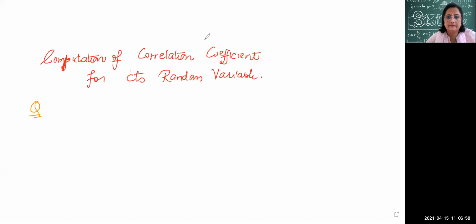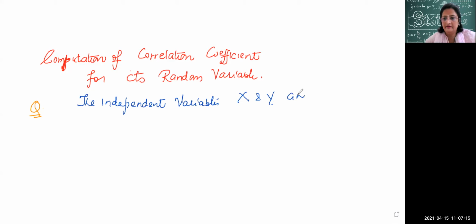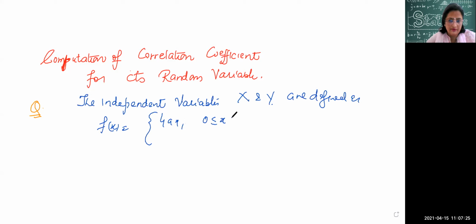The question is: the independent variables x and y, these are the random variables, are defined as f of x is equal to 4ax, and x is lying between 0 to r, right?